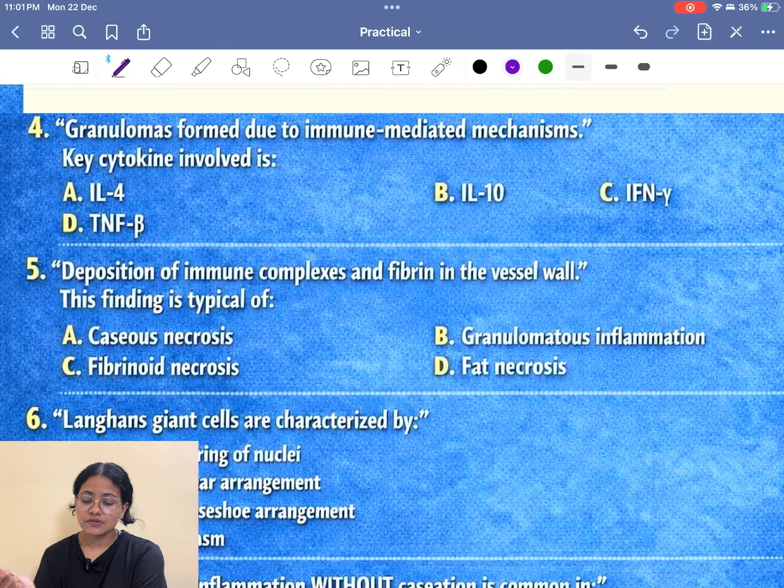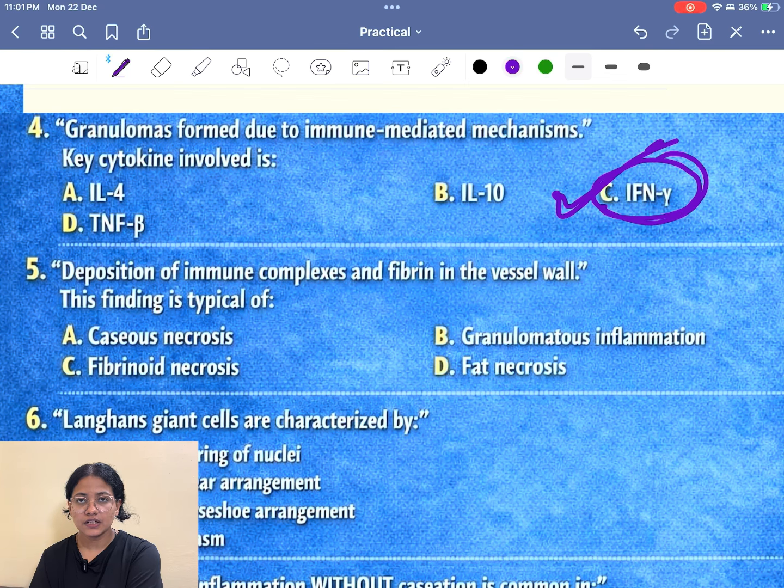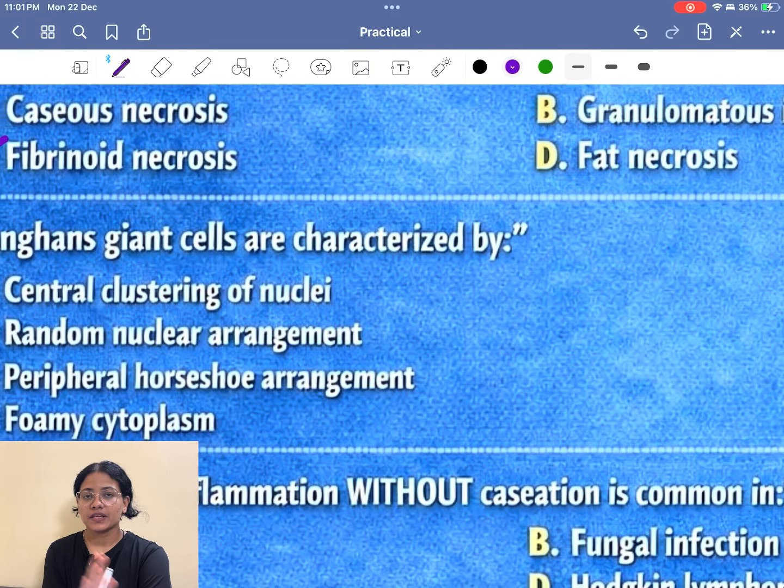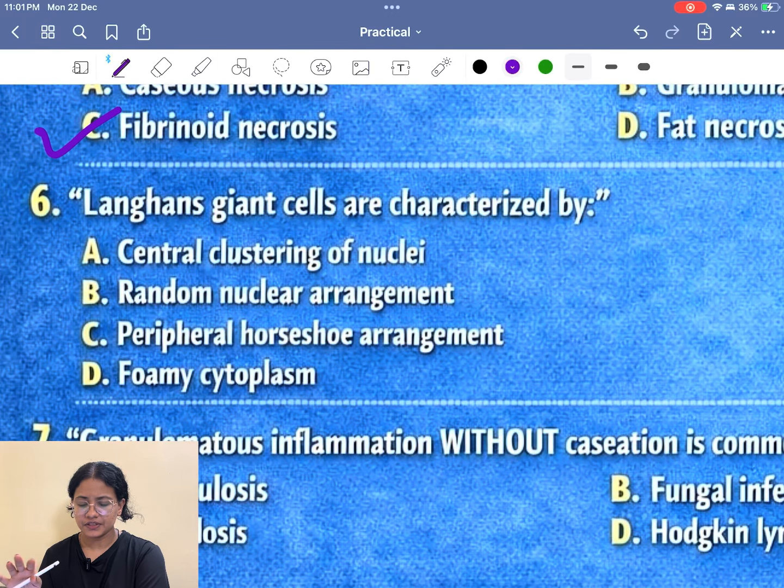So for granulomas due to immune complex mediated mechanism, the major player is interferon gamma. It's very important. This is what causes the activation of the macrophages. Next is deposition of immune complex and fibrin in the vessel wall, which is known as fibrinoid necrosis.